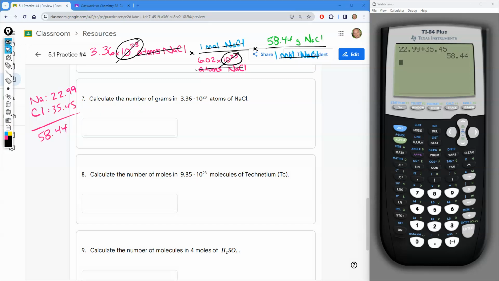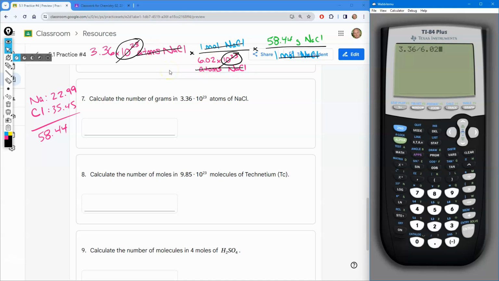Okay, let's put this in our calculator. So we don't have the times 10, so this makes our math a little bit easier. So this is just going to be 3.36 divided by 6.02. And you can only do that when you're times 10 to the 23rd. They can cancel out.